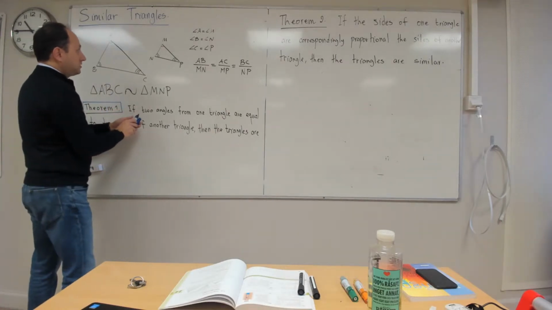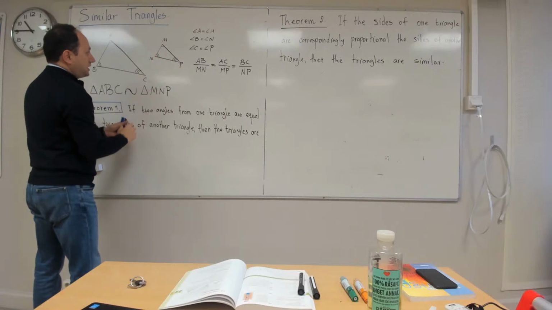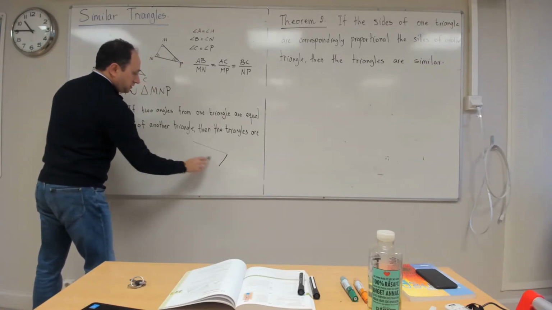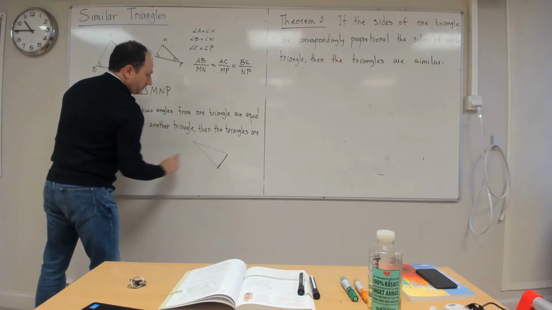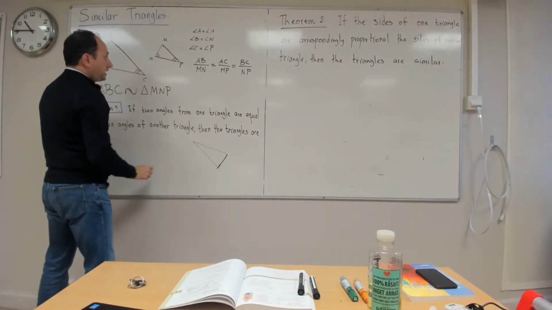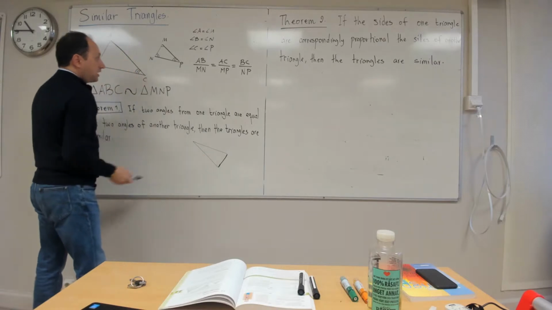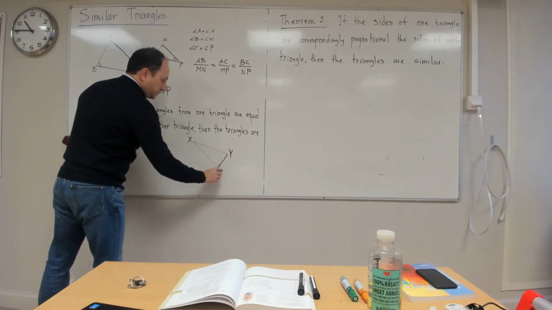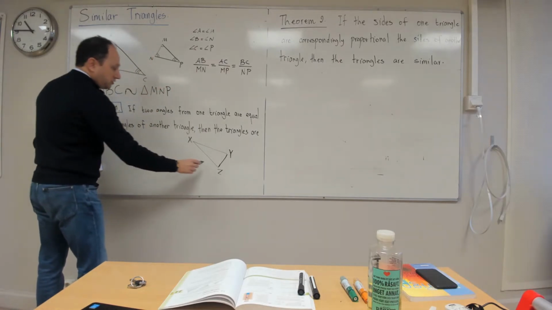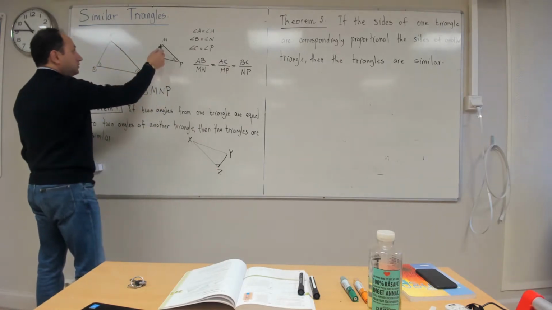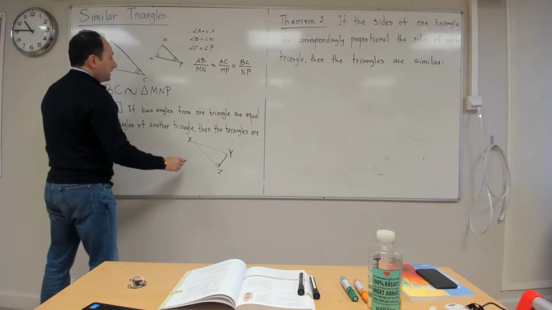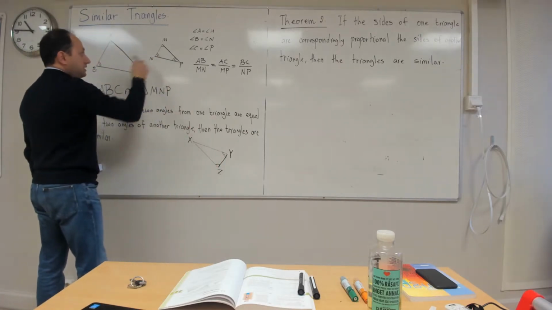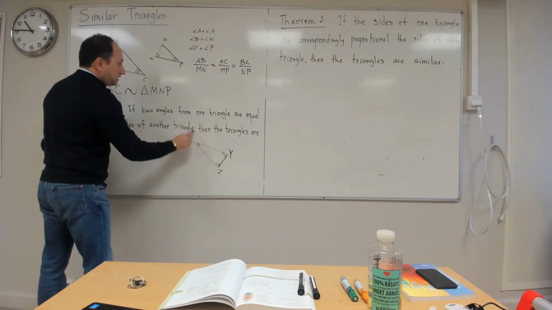So if I rotate it, assume that instead of having this triangle here, let me have this triangle, and I will call it, for example, X, Y, and Z. And then I tell you that this angle is equal to this angle is equal to that angle. And then this angle is equal to this angle, and this angle is equal to this angle.